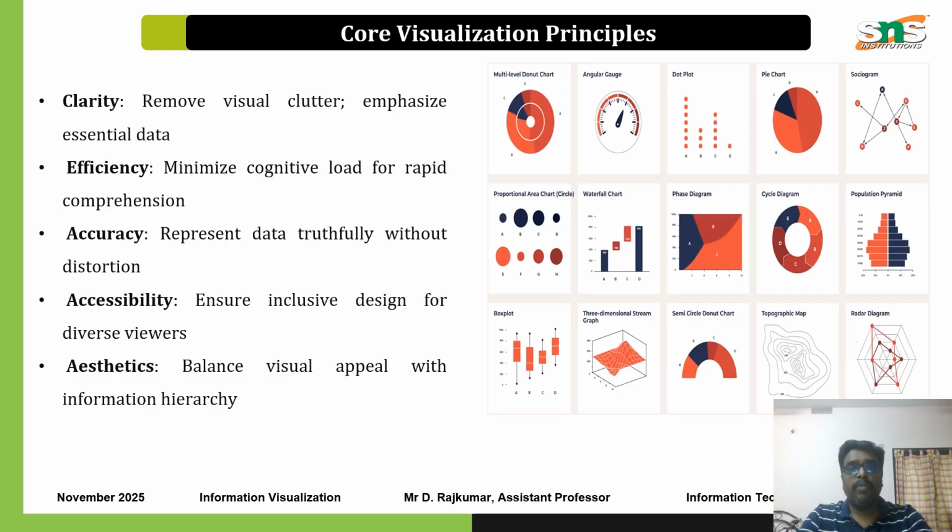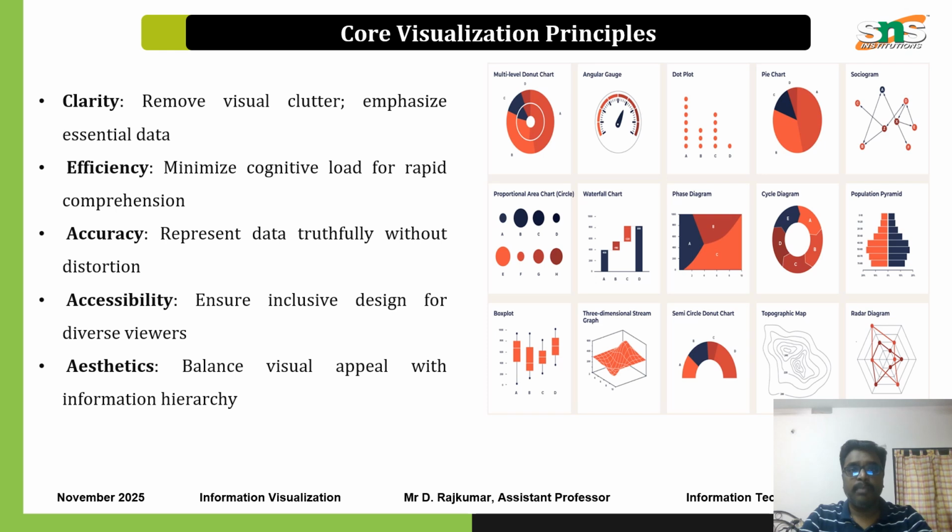So what are the core visualization principles? Here on the right side in the chart we have presented the various types of representation. This visualization helps us to identify clarity, efficiency, accuracy, accessibility, and aesthetics.